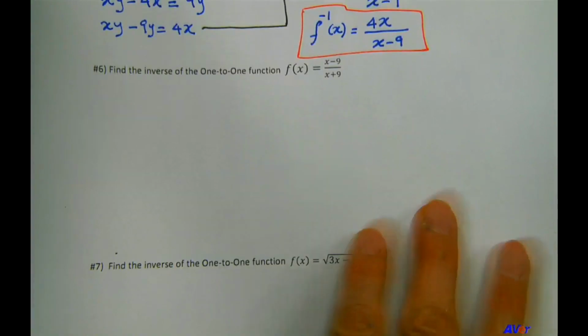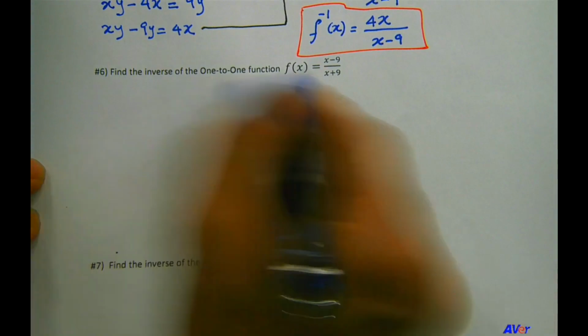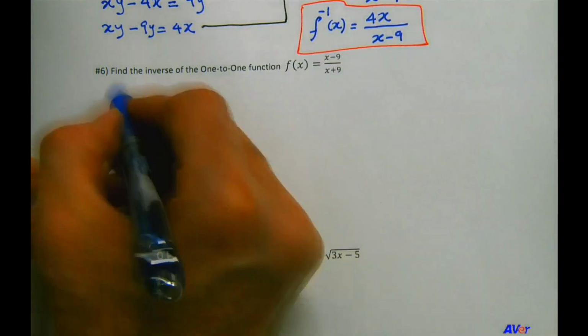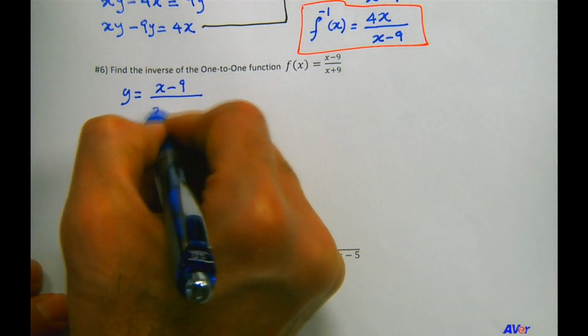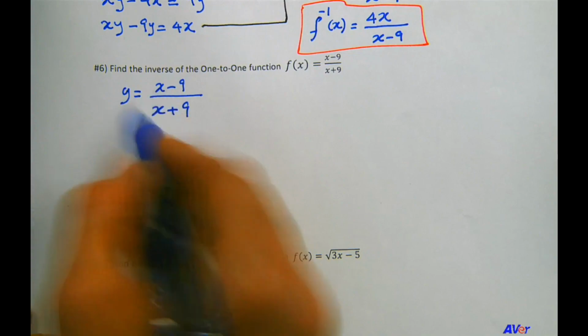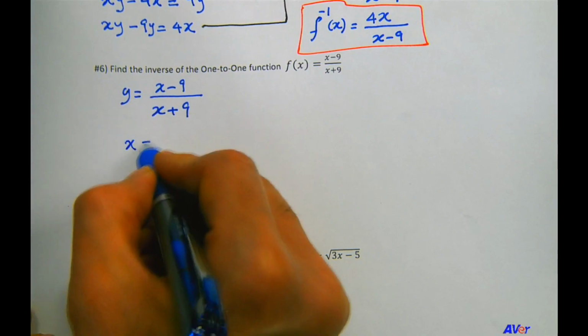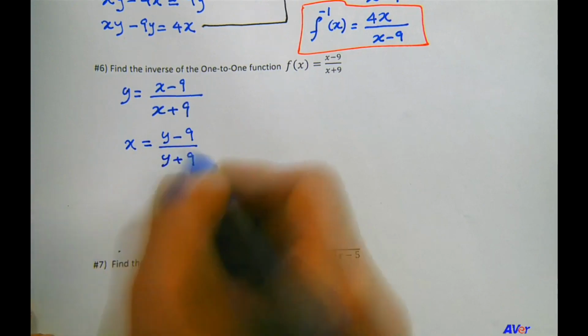Okay, I'm assuming that you've also solved number 6. So I'm going to go ahead and find the inverse here. So the first thing is replacing f of x with y. Then I'm going to swap x and y. Right?